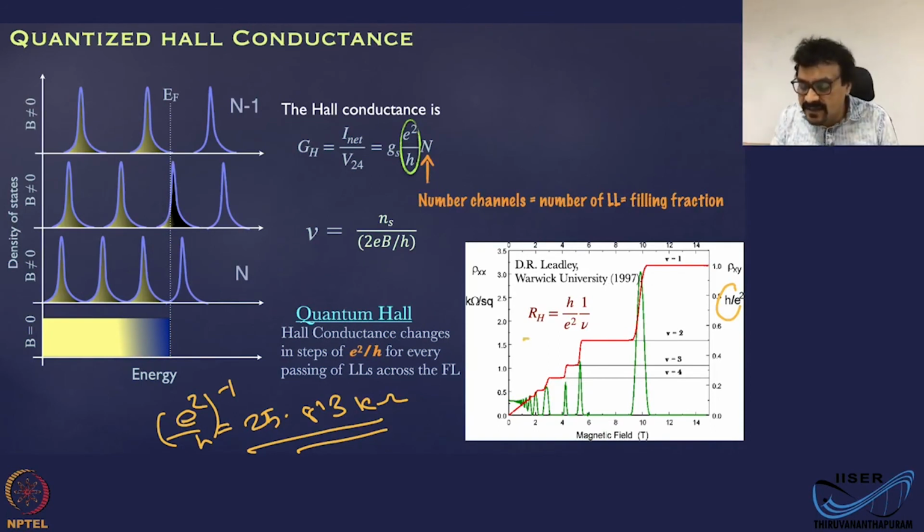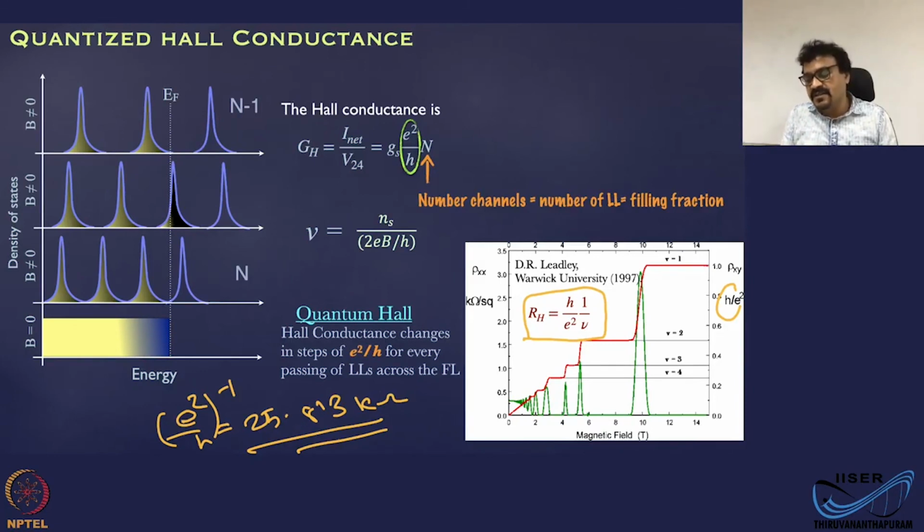The resistance is given by this formula here, h by e square into 1 by nu, because you start with one single channel. Even if the field is very high, when you reduce the field, you will slowly pull the Landau levels back below the Fermi level. Then every time one level comes in, you have one extra channel.